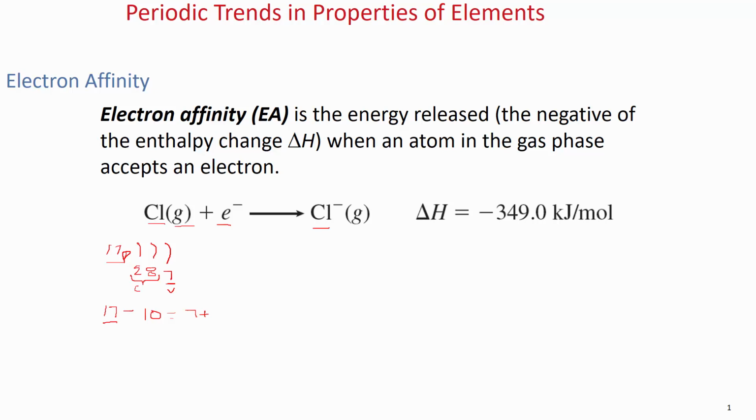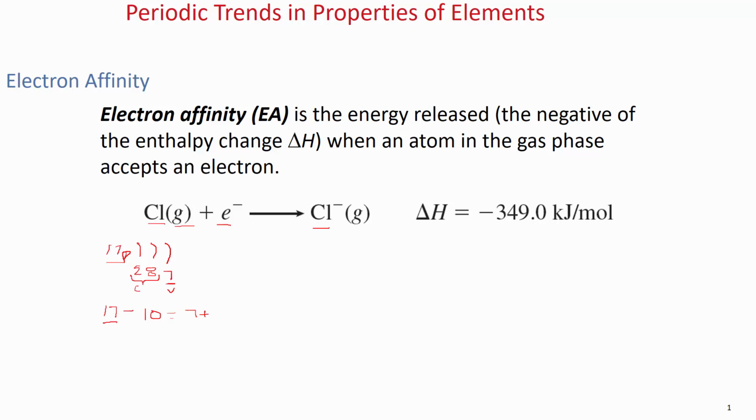It's the amount of energy released when a single gaseous atom gains an electron. In comparison, ionization energy is the amount of energy required to remove an electron from a single atom in the gas phase, while electron affinity is how much energy is released when a single atom in the gas phase gains an electron.